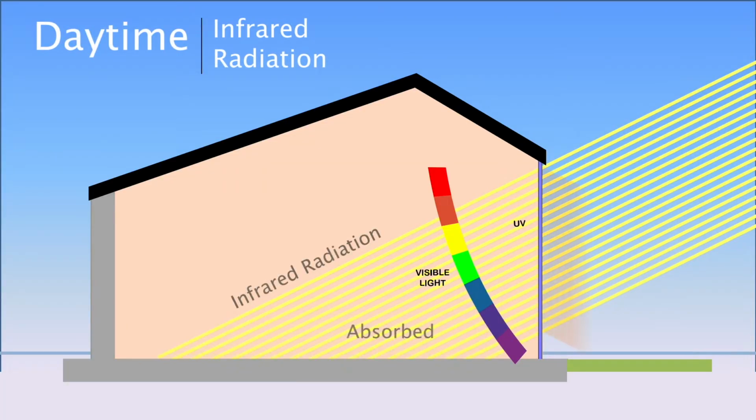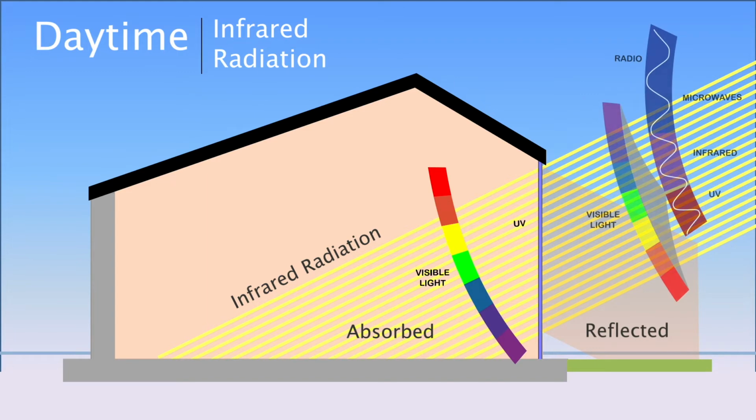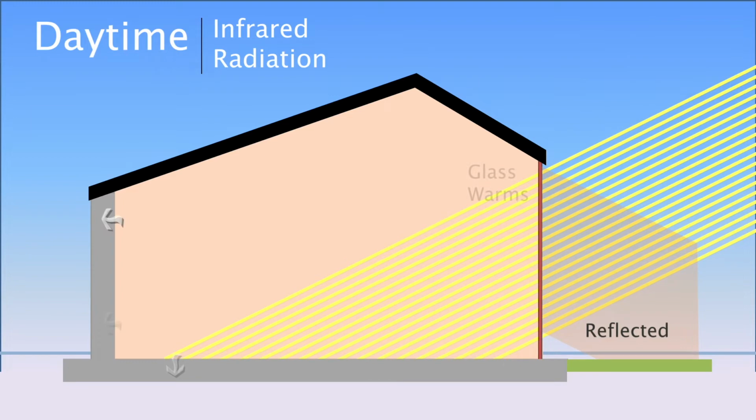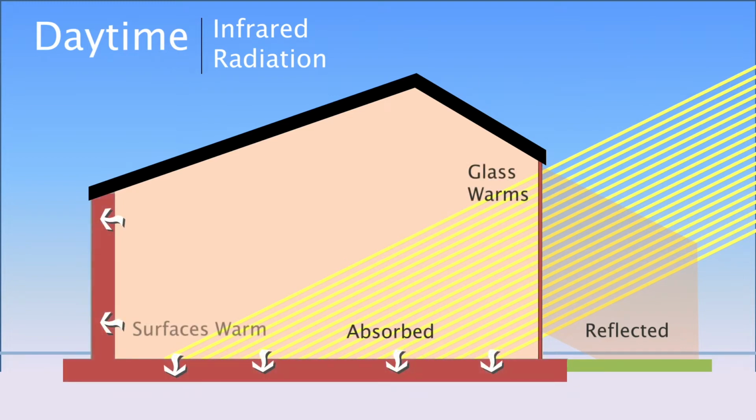What we don't see is the lower energy, longer wavelength infrared radiation. It functions in the same way as visible light. All radiation that strikes a cooler surface will be reflected or absorbed, transferring energy to that material and warming the surface.